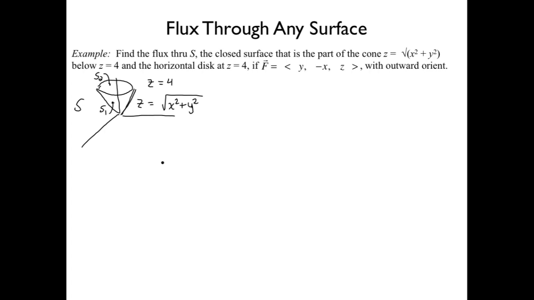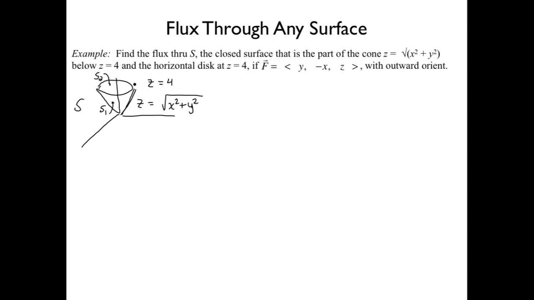All right, so for this one, how about the z equals 4? Do we want to use the f dot n shortcut for that, since it's parallel to the xy plane? Not rectangular coordinates.